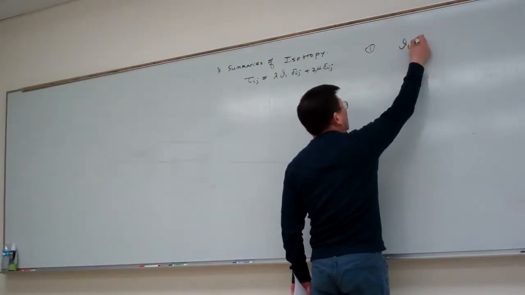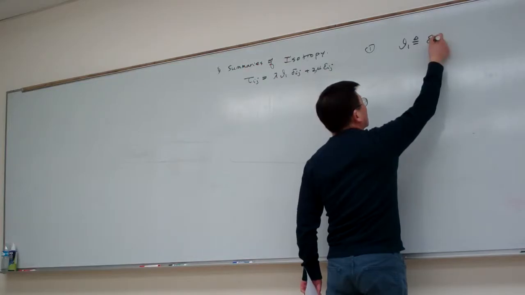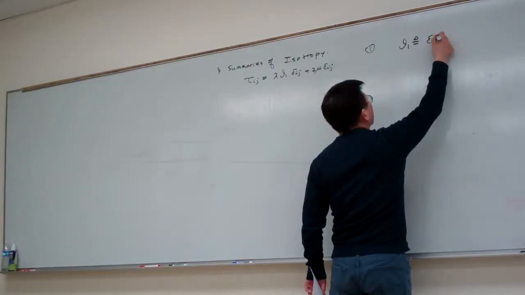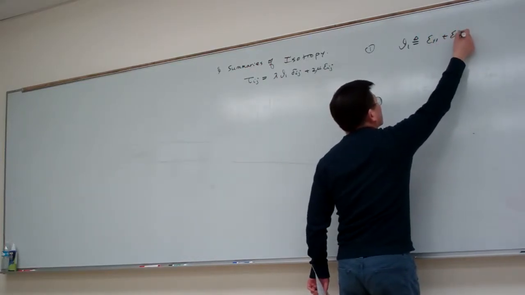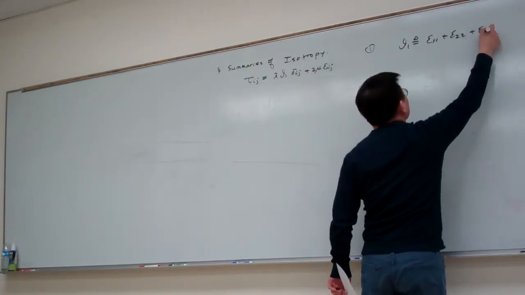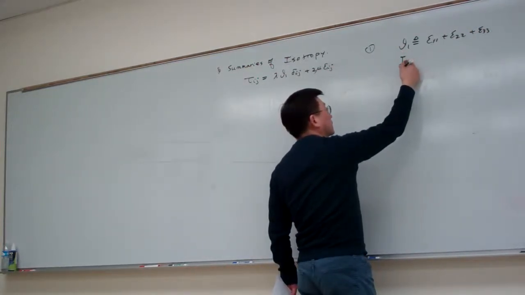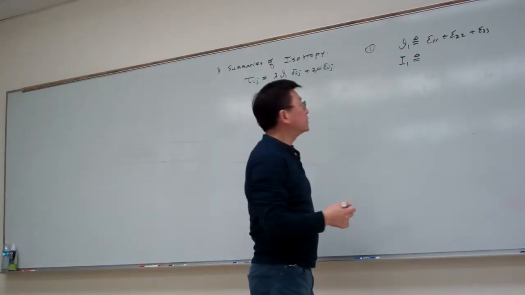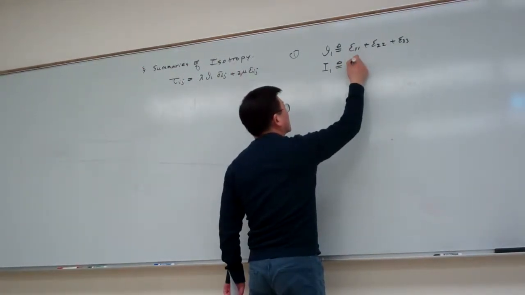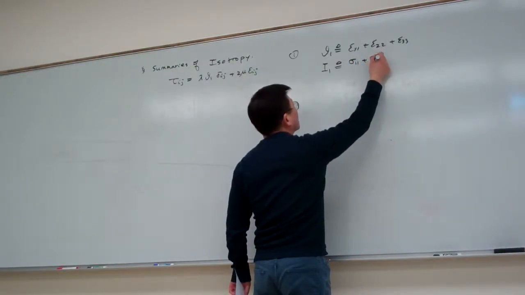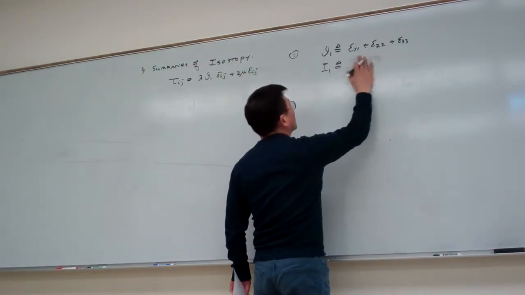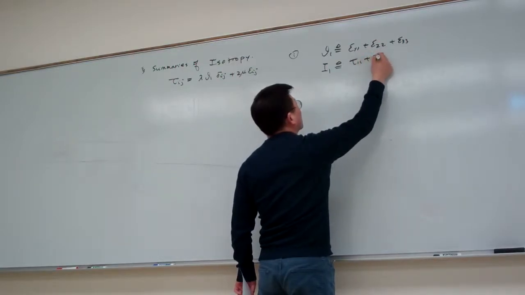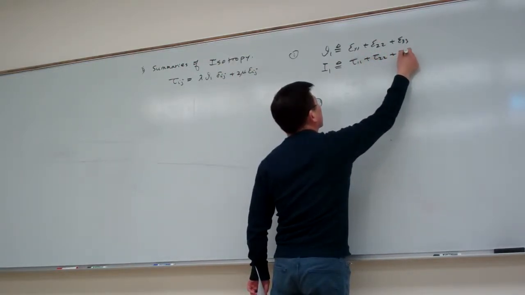Again, this I1, by our definitions, is the first strength invariant. And again, in the chapter on stress, we also have the stress invariant. The first one is defined by tau 11, tau 22, and tau 33.